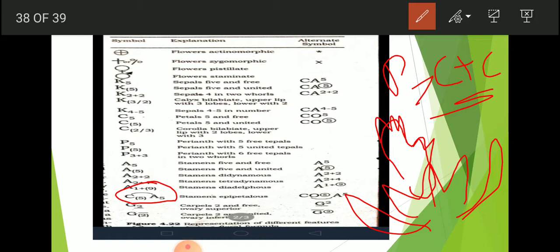Then gynoecium with 2, that is the gynoecium is bicarpellary and free, and the underscore sign represents that the ovary is superior. Same as gynoecium, if the line is above it, then it is known as inferior.